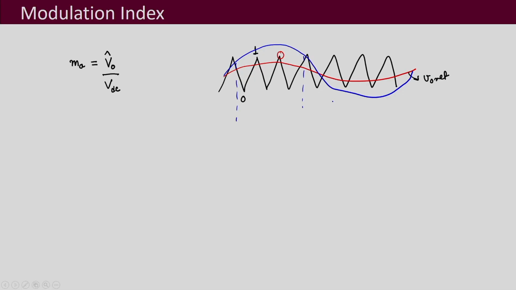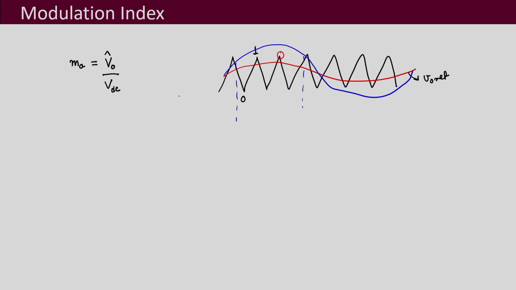So, this is mostly avoided, although there may be situations where this rule may be violated. We would like to keep this reference waveform below 1. Going above is called over modulation. That is also done, but for our purpose we would not like to violate it. Let us say we want to keep the reference below the carrier waveform's maximum.